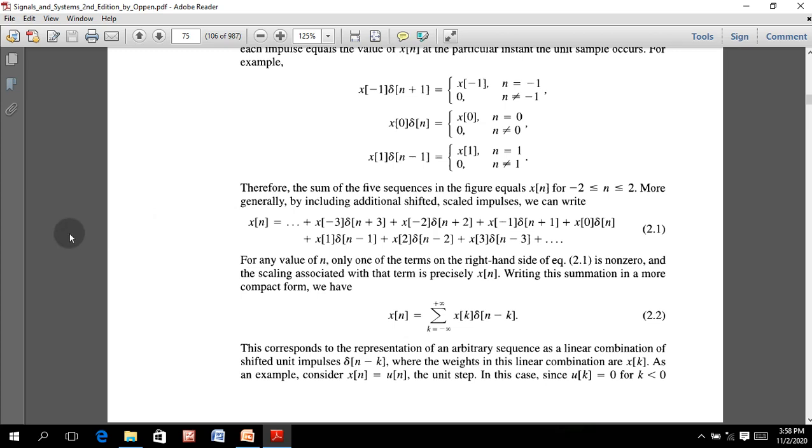In case of linearity, as we know, it always follows the homogeneity and additivity properties. So if we multiply this value, the output will also provide the desired output of this specific value that has been multiplied with x of minus 3.